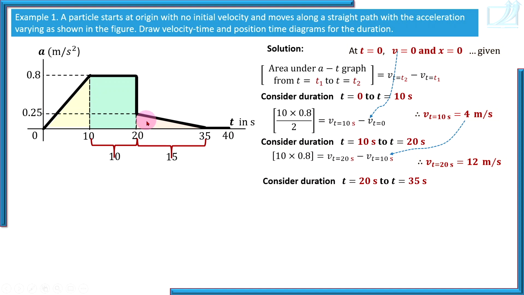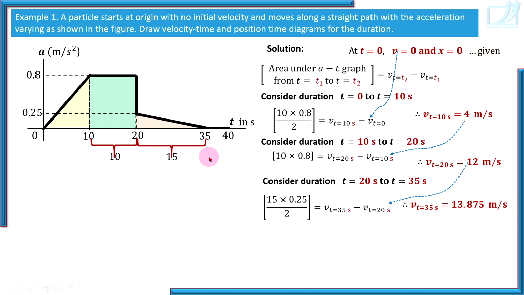So base into height by 2, that is the area under the AT graph. So base 15, height 0.25, divided by 2. So the area under the AT graph is the change in velocity. So v at t equal to t2, that is 35 seconds, minus v at t equal to t1, that is 20 seconds. Now put velocity at t equal to 20 seconds in this equation and you have found out velocity at t equal to 35 seconds.